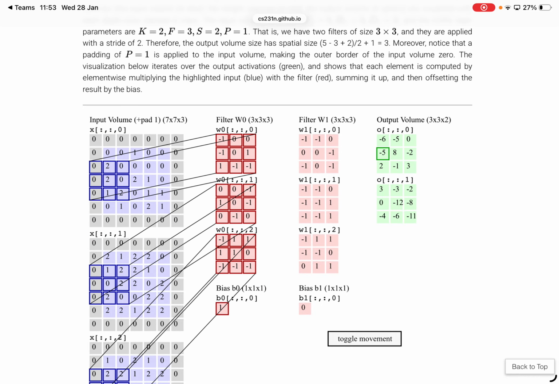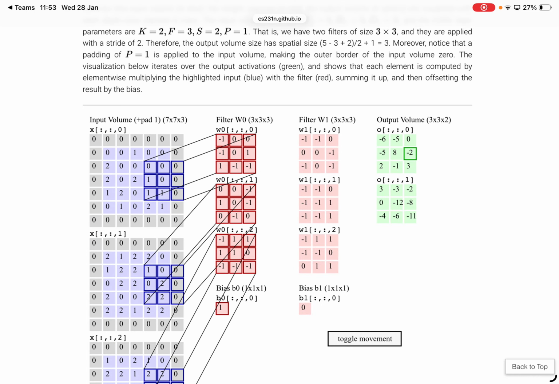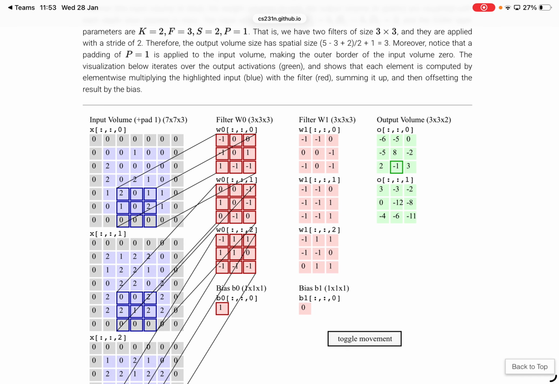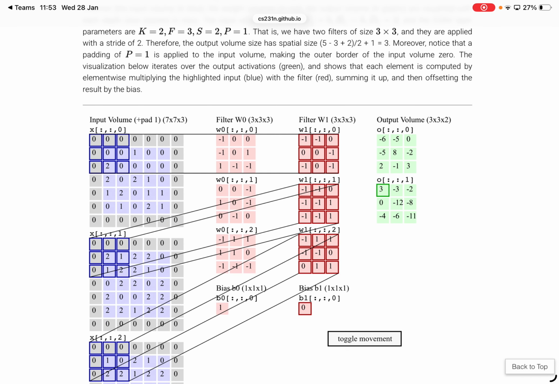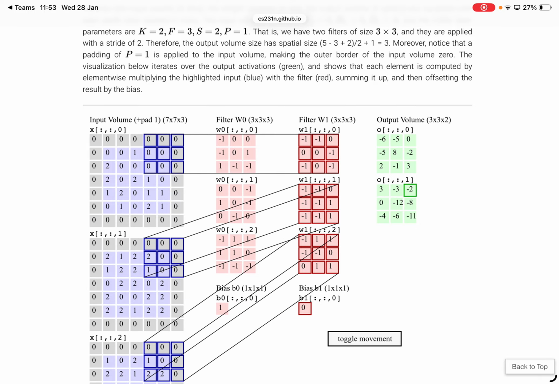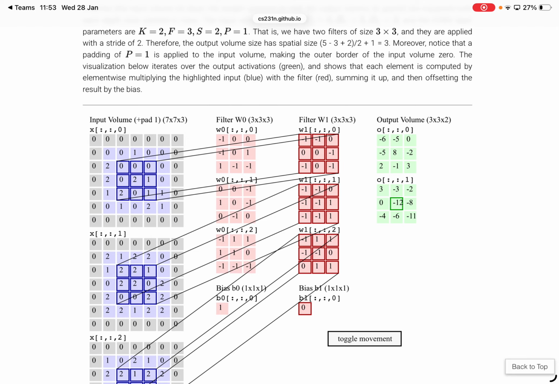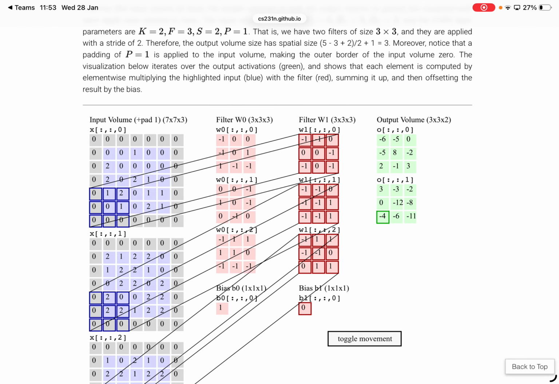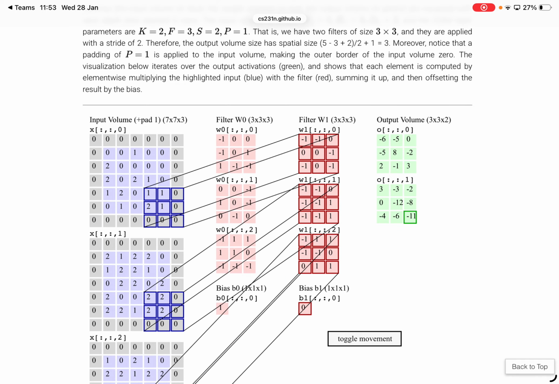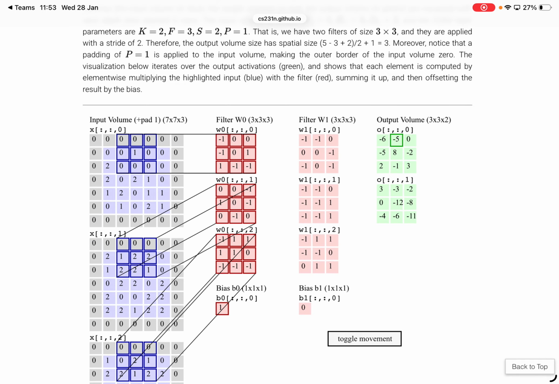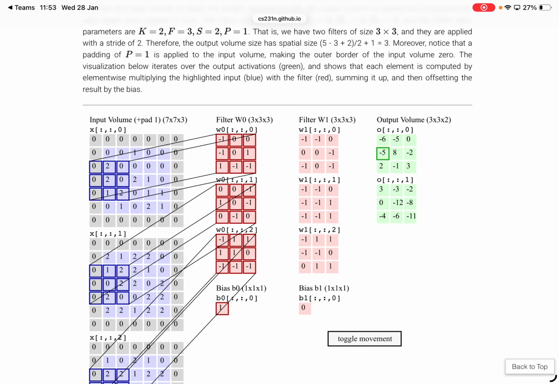If you have view 0 and view 1, then you will have another set of output.